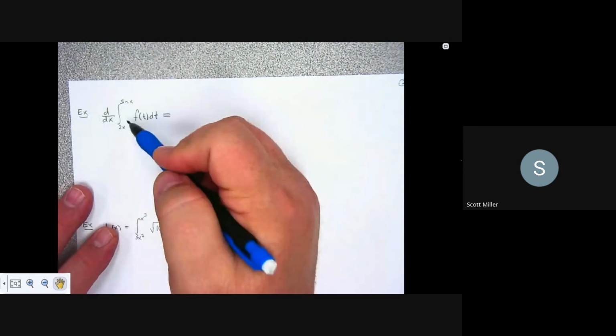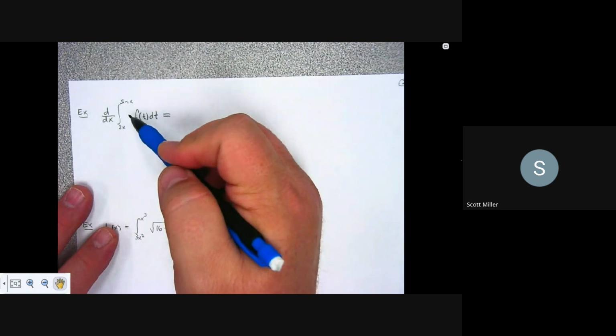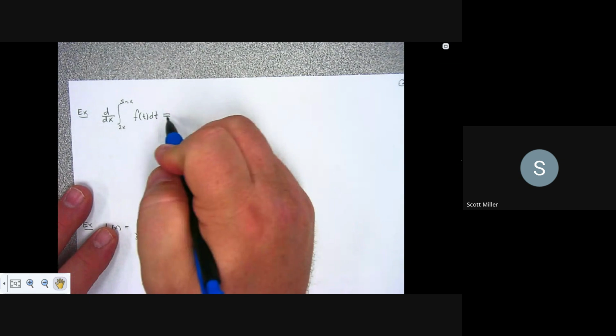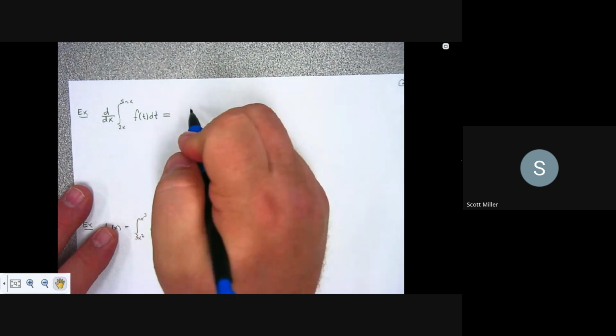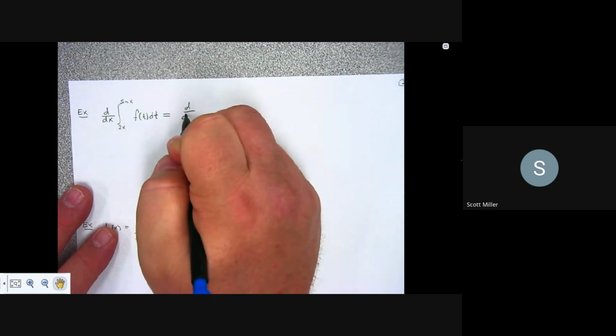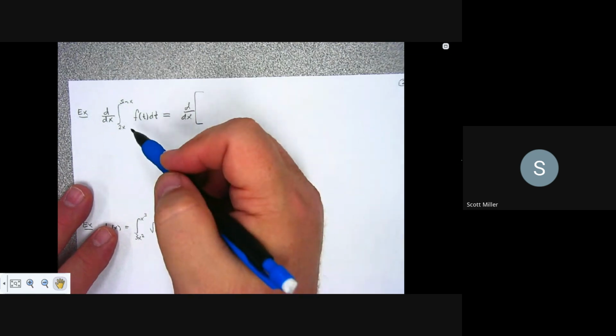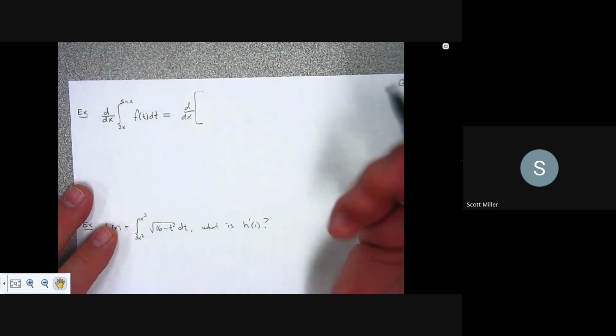Because our rule says we had to have a number in the lower spot down here, I can split this using our properties. This becomes the derivative with respect to x of, and then I can choose any number I want in the interval or domain of what we're talking about, which in this case is all real numbers.